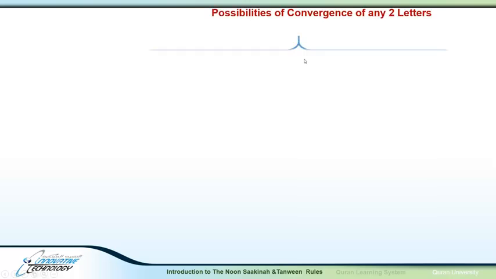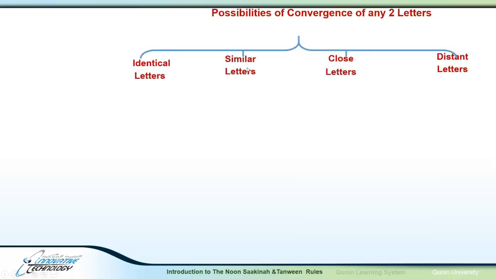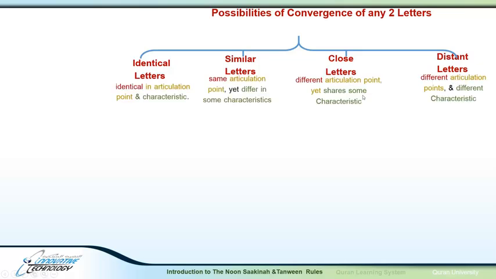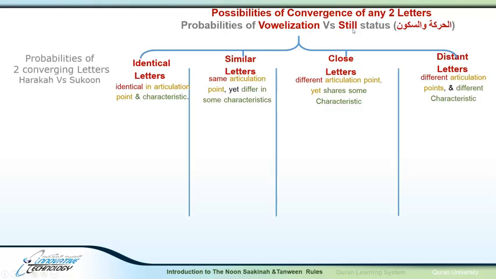Let's revise what we have learned in the previous lesson, where we mentioned that we have 4 possibilities for the convergence of any 2 letters, which can be either identical, similar, close, or distant letters. And we defined each one of those and the difference between them. Then we talked about the probabilities of vowelization versus still status of those 2 letters.